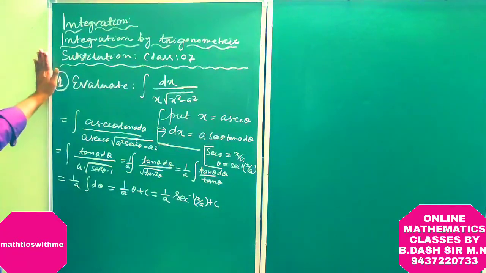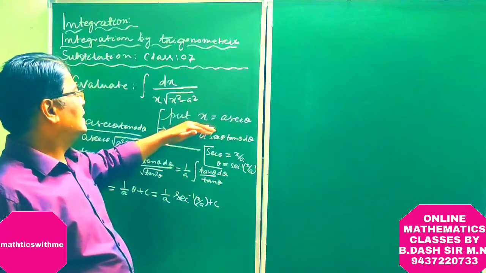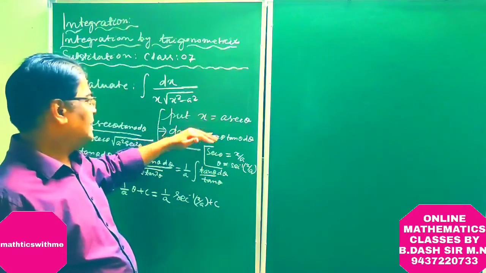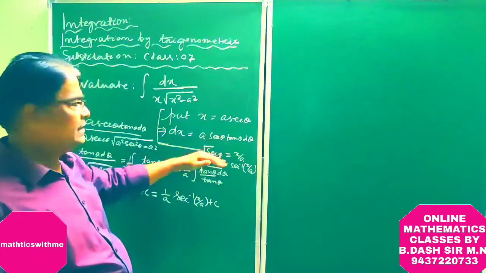So here in this integration, we have to evaluate integration dx by x root over of x square minus a square. In order to integrate this integral, let x is equal to a sec theta, then dx is equal to a sec theta tan theta d theta.